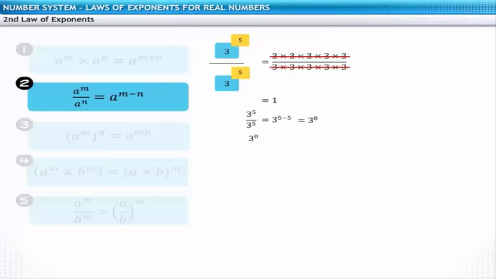If we equate the solutions obtained by both methods, we get the following expression. Based on this result, we arrive at another generalization. Any non-zero real number raised to the power of 0 is equal to 1.